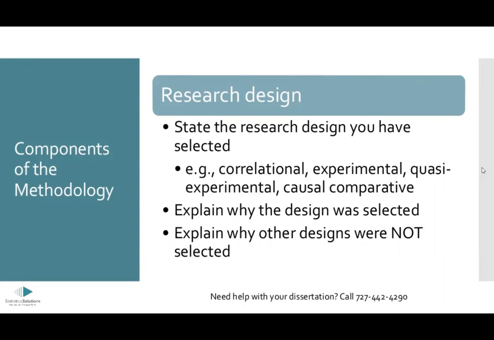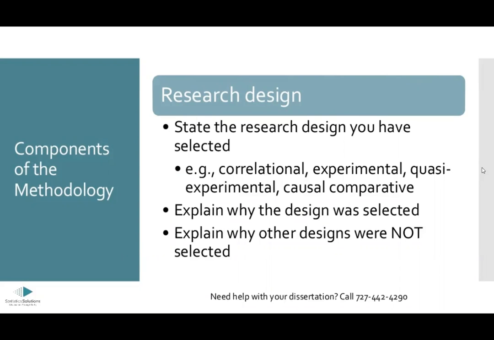And then in demonstrating your knowledge, you might also give some examples of other designs that you considered using for your study, and provide some examples for why you didn't use them. So for example, if you are doing maybe a correlational study and you consider doing an experimental study, you might say alternative research designs were considered for this study.